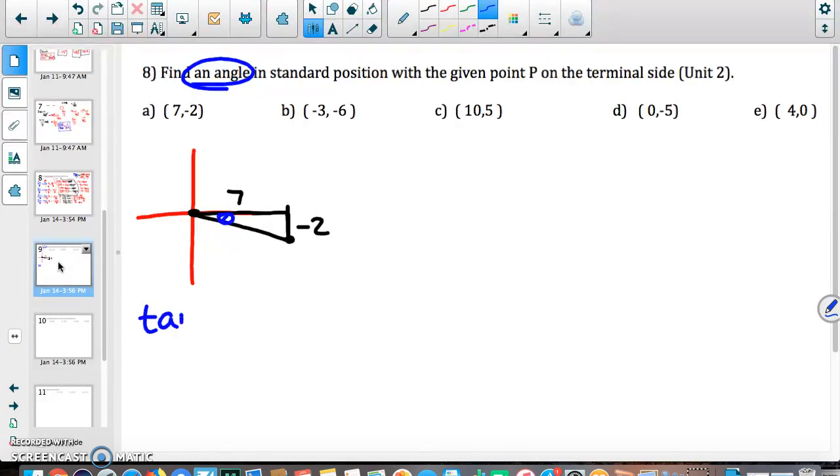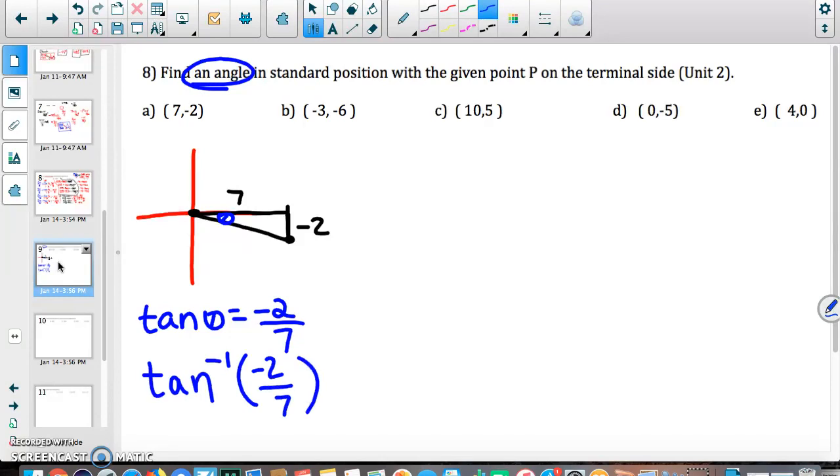Tangent of this angle would equal opposite over adjacent. So if I'm trying to figure out what that angle is, I would just do the inverse, the tan inverse. In here, it does not say what I want my answer in, radians or degrees, so it's really up to you.